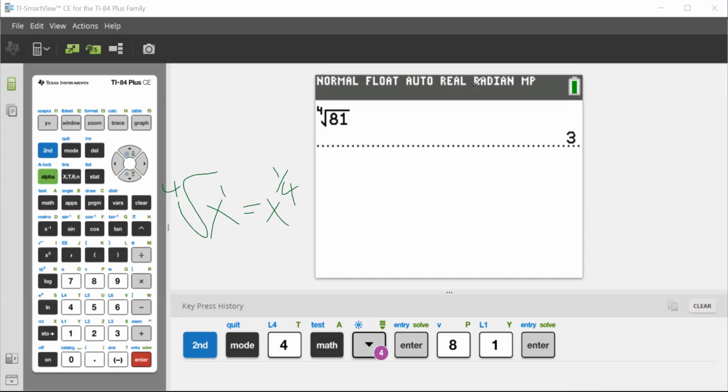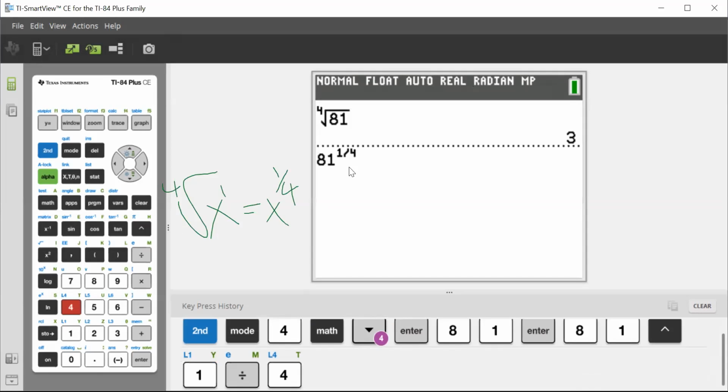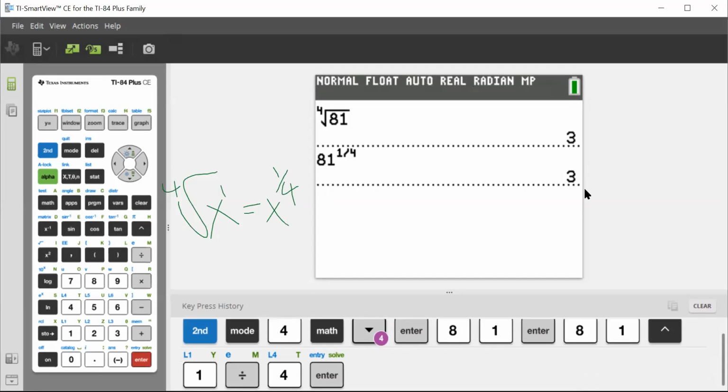So we can use that here in our calculators as well. If we take 81 and raise it to the power of 1 divided by 4, and depending on the calculator you're using, you want to make sure that this 1/4 is all in the exponent, press enter. Notice we also get 3. So two different ways to do the fourth root there.